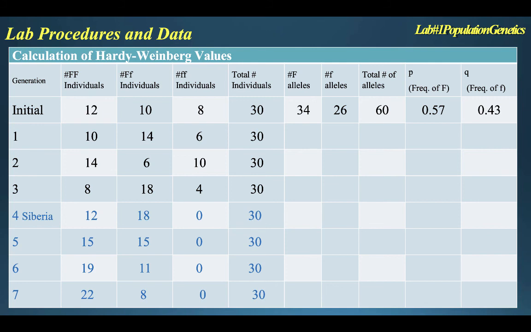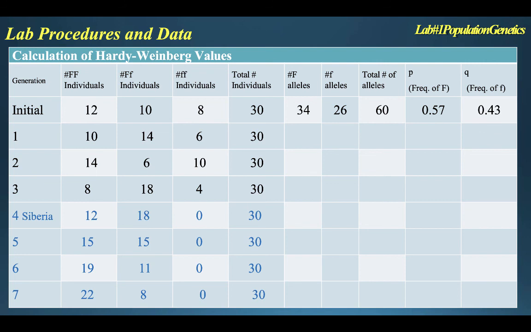Is this population currently in Hardy-Weinberg? Is this population evolving? You need to answer by looking at the calculations from the dominant and recessive alleles. If those alleles remain the same, then the population is not evolving, it's under Hardy-Weinberg. If those P's and Q's change, you're not in Hardy-Weinberg. And you're going to look at that from the initial to 3, then generations 4 through 7.